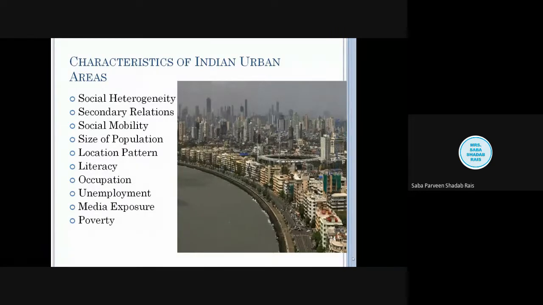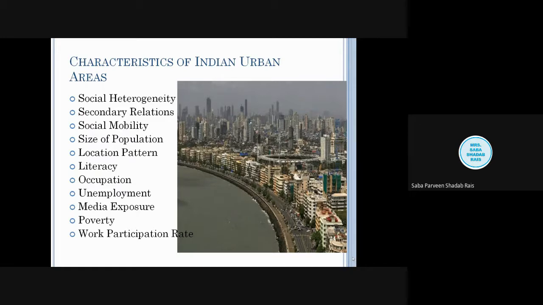Now, when we talk about the work participation rate, for males it is 53% in the rural area, comparatively similar in urban areas, but as far as female workers are concerned, it is 30% in rural areas, but in urban areas it is 15.4%. That means many of the females are taking care of their family.